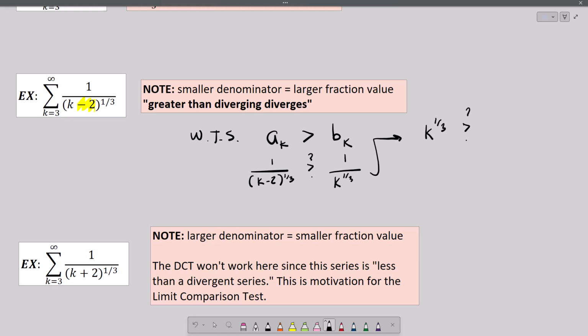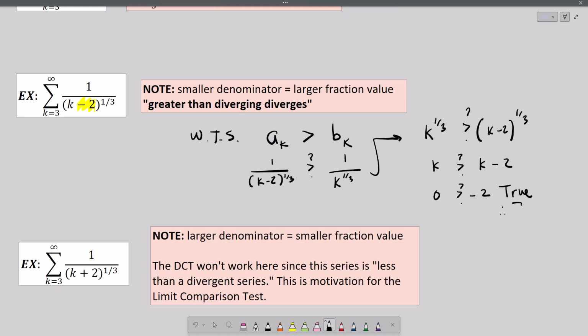Cross multiplication, we get that. We can raise both sides to the third power. We will get that. Subtract the k's. Get down to a numerical inequality that you can solve by inspection. This is true.